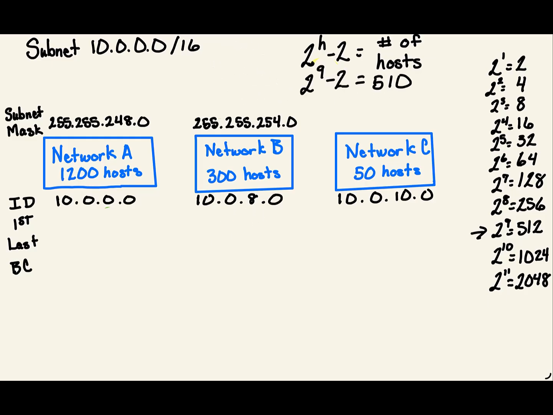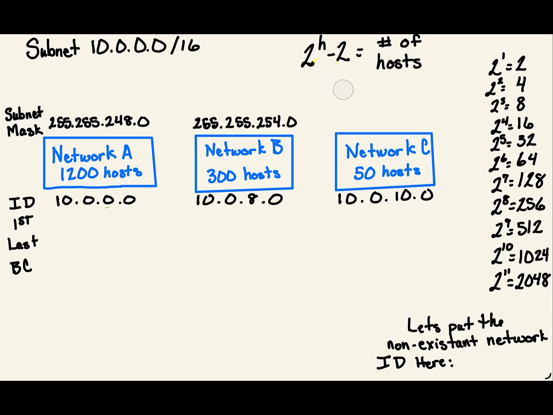Okay, now on to network C. We will calculate another network ID, even though we aren't required to have one for this subnetting problem. That will help us to figure out network C's range. So for network C, we are back down in our comfort zone here of the fourth octet. We only need 50 hosts for network C. We can see from our powers of 2 table that we will need 6 host bits.